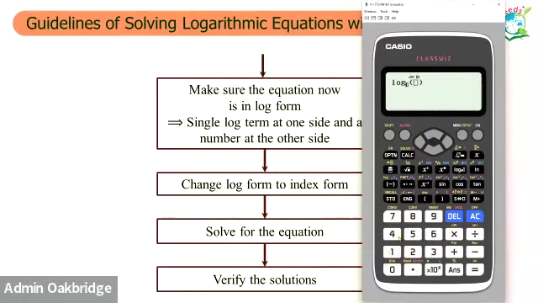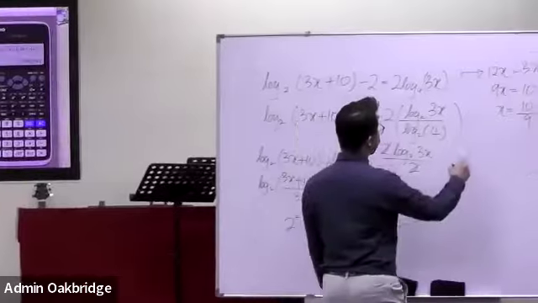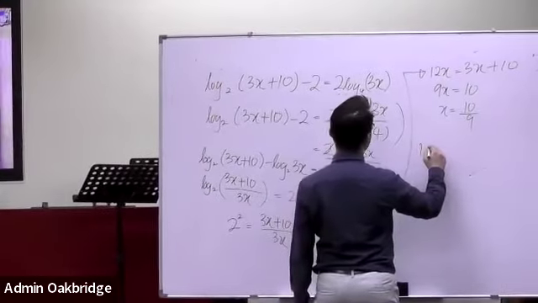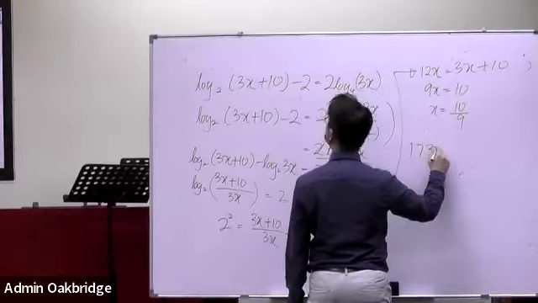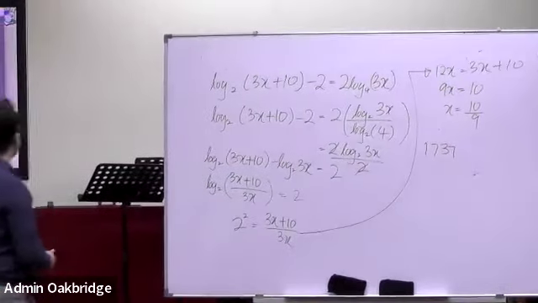I will have a log here, base 2, and then 3 times 10 over 9 plus 10. All right, and then minus 2. Okay, you will have what? 1.737. This is for the left-hand side.